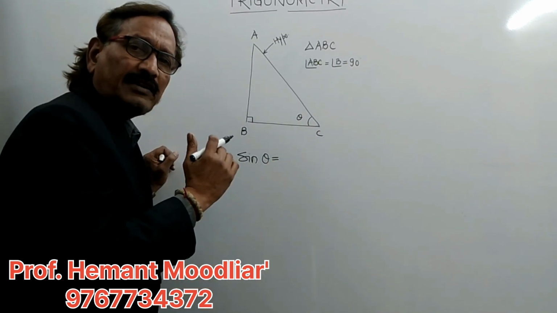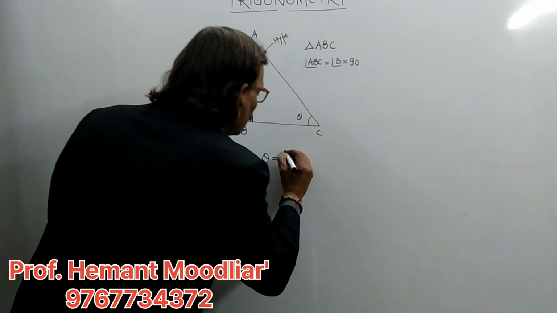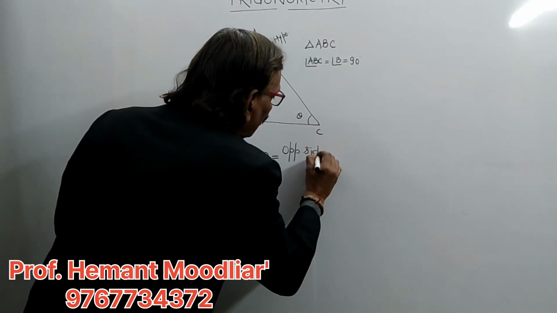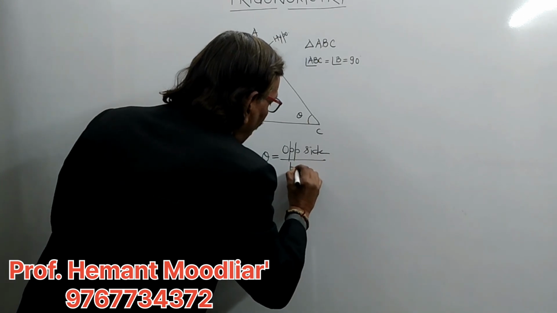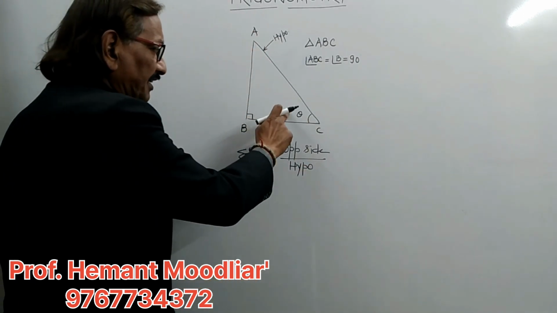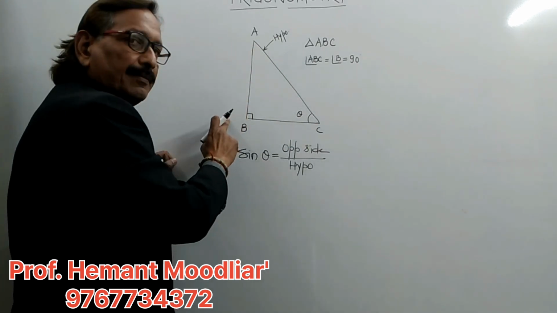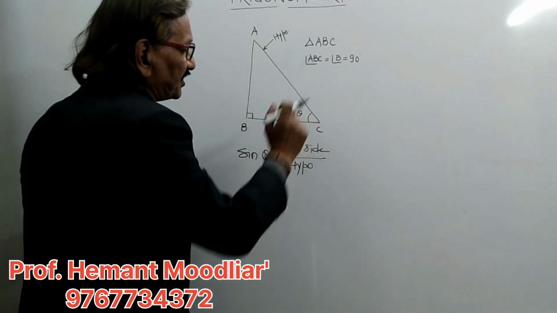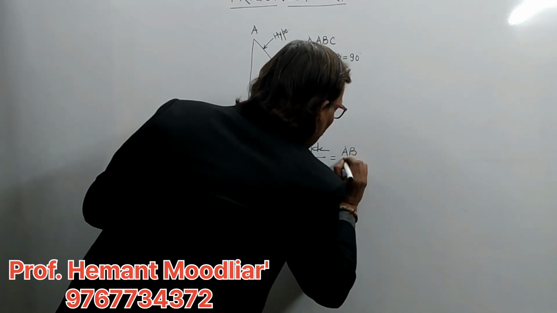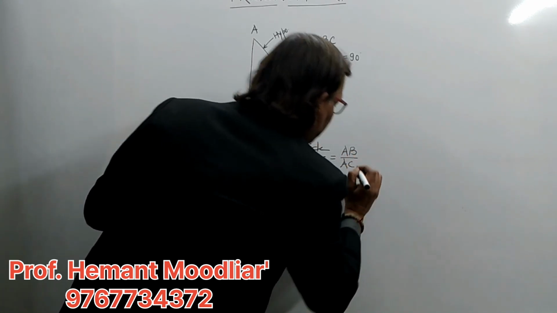The ratio sin theta says opposite side upon hypotenuse. For theta, the opposite side is AB and the hypotenuse is AC. So it becomes AB upon AC.